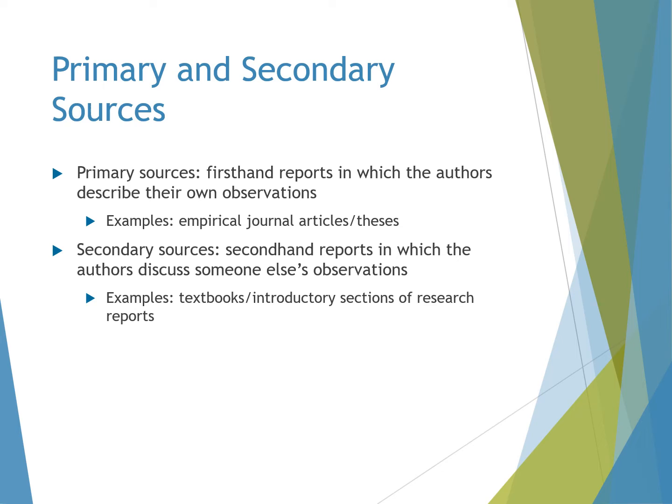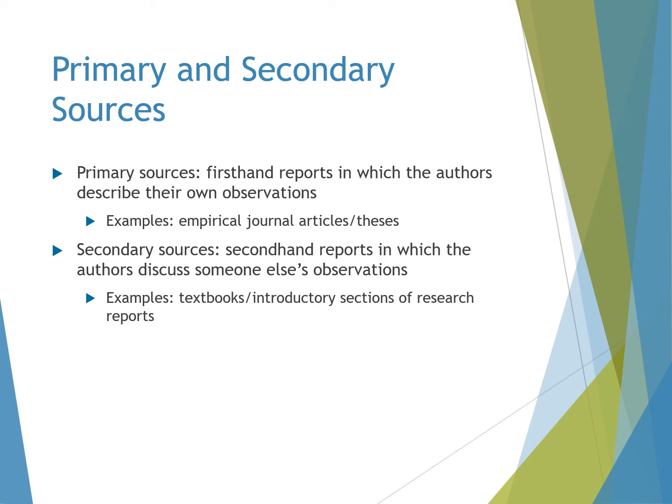Okay, one important distinction as you're reviewing sources is the difference between primary and secondary sources. So primary sources are first-hand reports in which the authors describe their own observations. So this is the author describing something that they did themselves. So this is normally an empirical journal article. Also, dissertations fall in this category, although dissertations haven't been peer-reviewed.